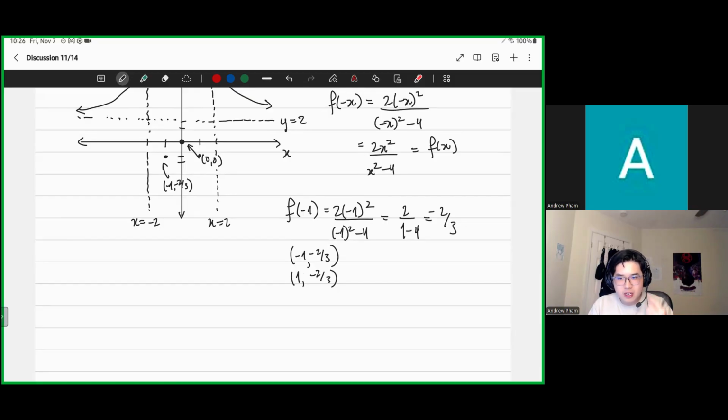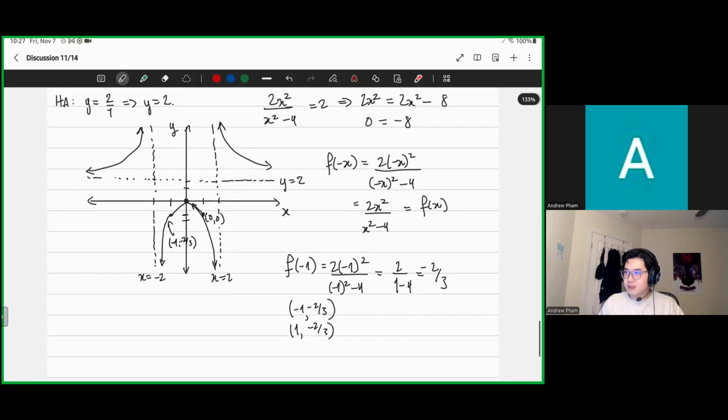You can connect these dots right here and see that you have sort of a pseudo-parabola shape. And by the behaviors of these asymptotes, your function must get pulled to them like magnets, but never crossing because it's a vertical asymptote that they're going towards. So this is the general shape of the graph.